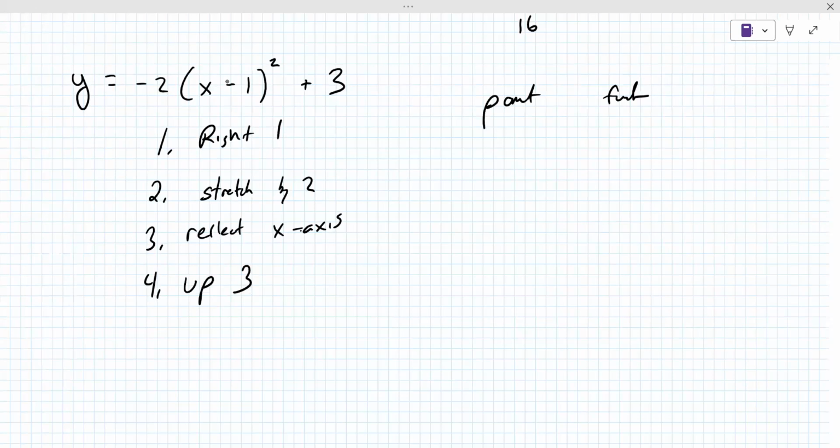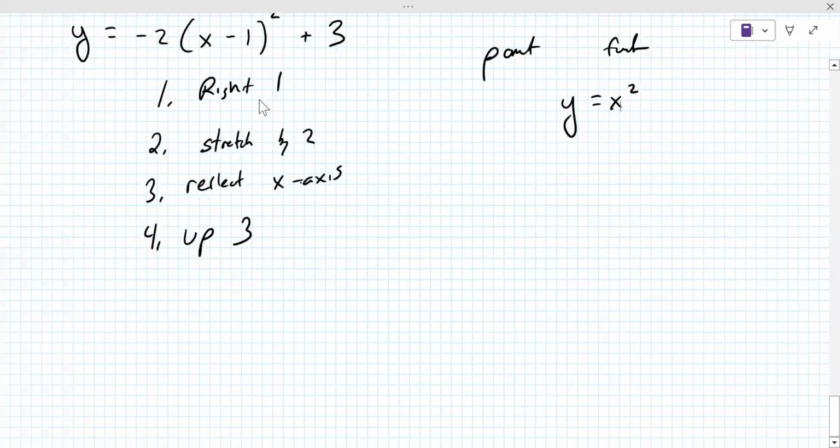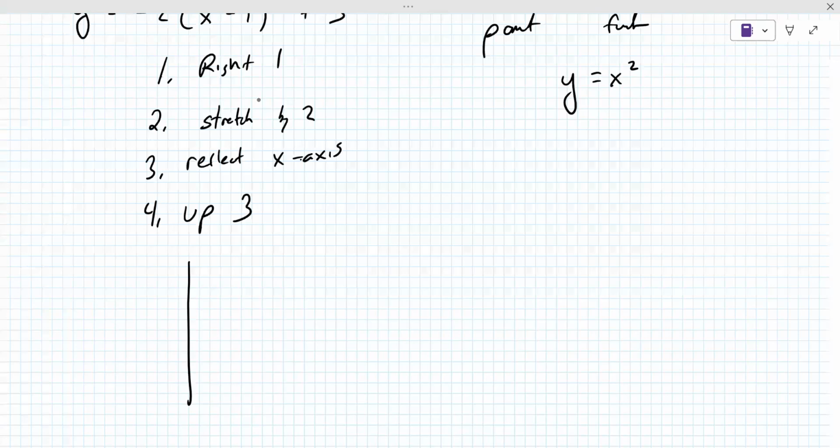It's quadratic. Yes. So y would equal x squared. So let's just have you use this table here. We'll just keep it really simple. 0, 0, and 1, 1.